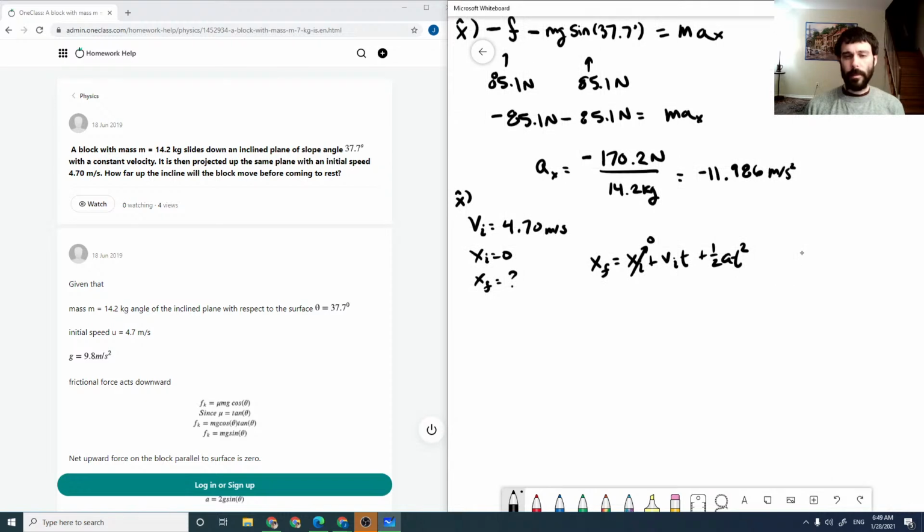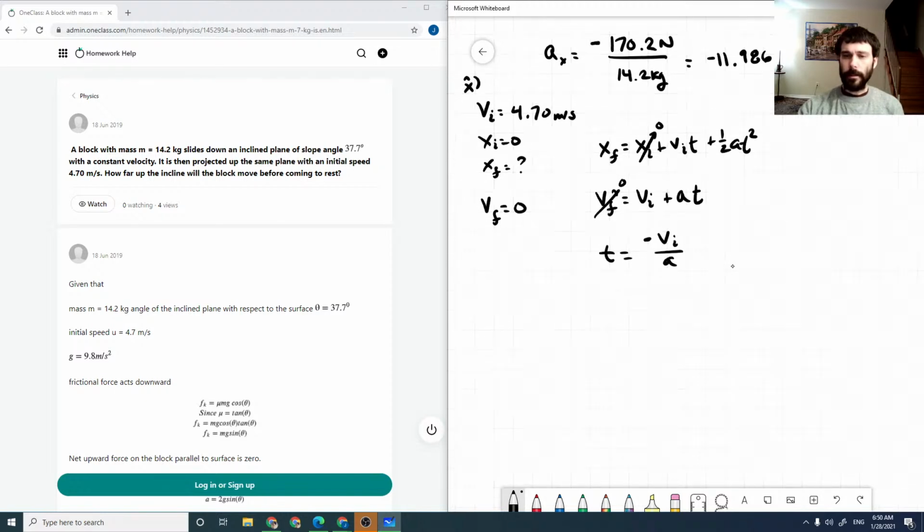Its maximum position is going to be where the velocity comes to 0. So we've also got that vf is vi plus a t, where vf is 0. So then our t is minus vi over a. We can go ahead and plug this into our xf expression.